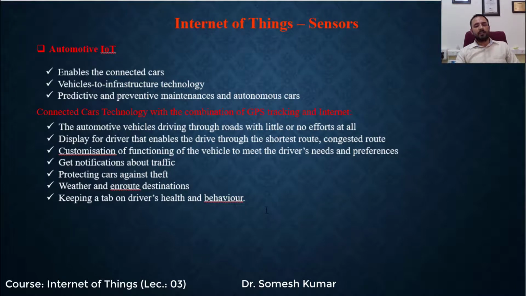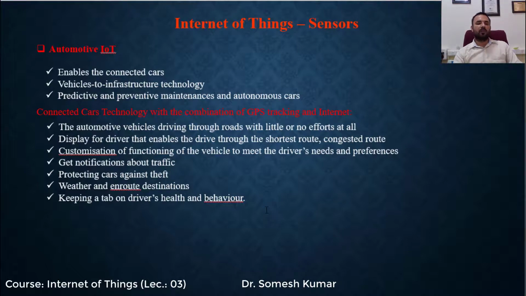It senses the nearby cars, and functions like brake and speed are controlled automatically. So drivers have to do very little effort for driving. It also provides a display that enables the driver to take the shortest route, and it provides customization of the vehicle's functioning to meet the driver's needs and preferences.